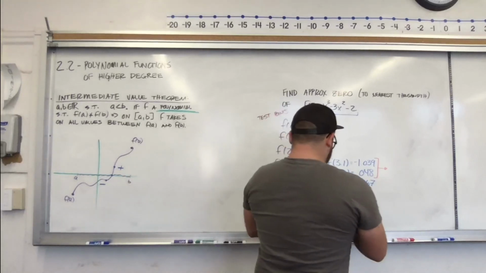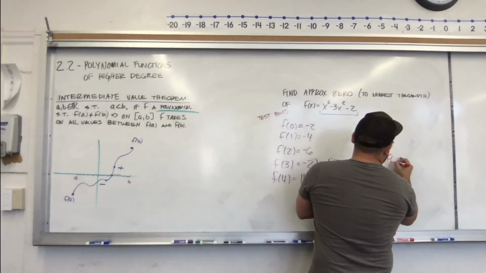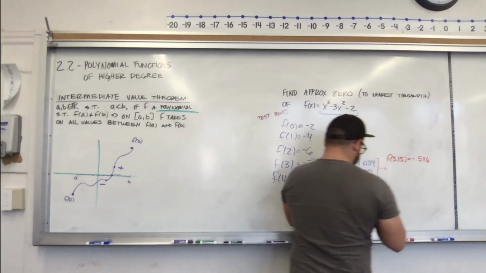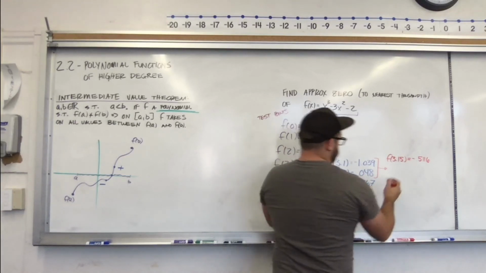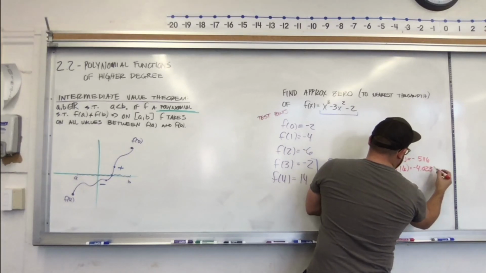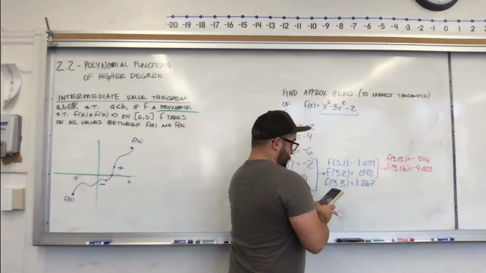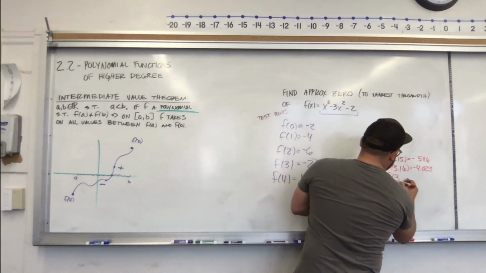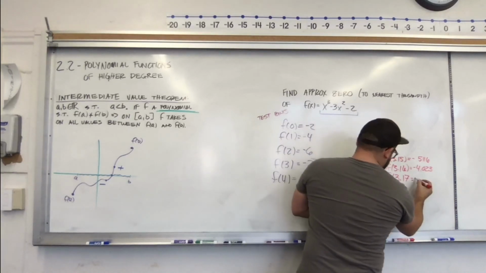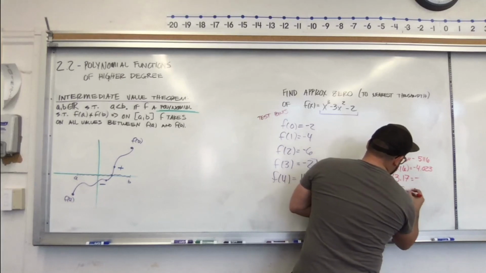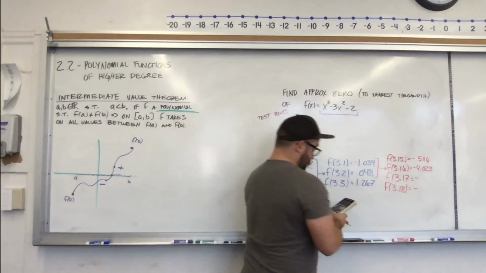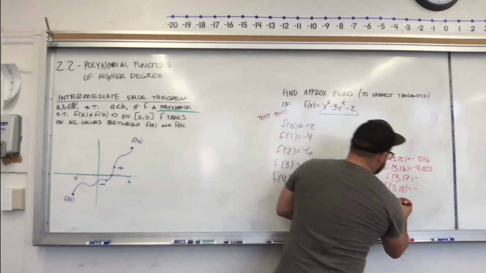Let's do 3.15. So f of 3.15, we get negative 0.5116. 3.16, we get negative 4.023. 3.17, because really we're looking for the change of positive to negative, I know I get something negative. 3.18, still dealing with something negative. 3.19, still something negative.